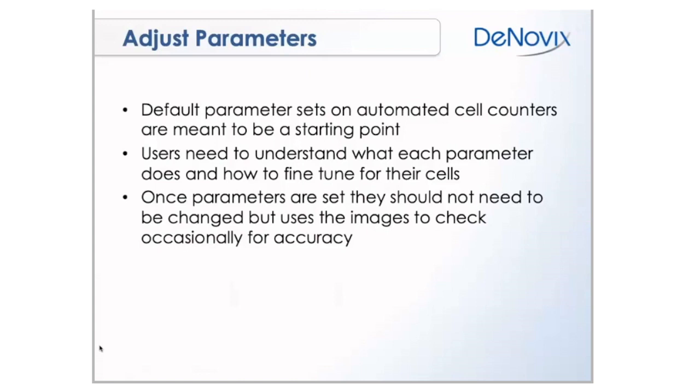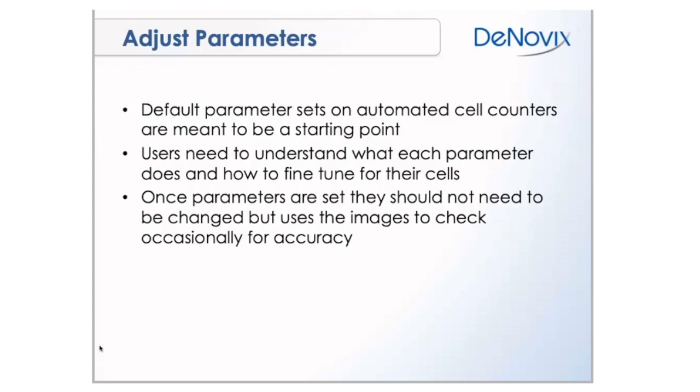DeNovix has recommended parameter sets on our website for different cell types, and those are available to go get the parameter set, load them on. Say if you're using a MRC5 cell or whole blood or something like that, we have published recommended parameter sets. But still, those are meant for you to check us on, not just to be taken as truth.